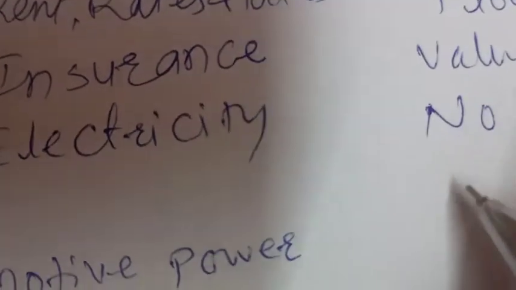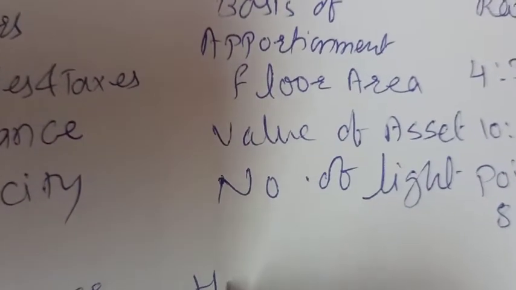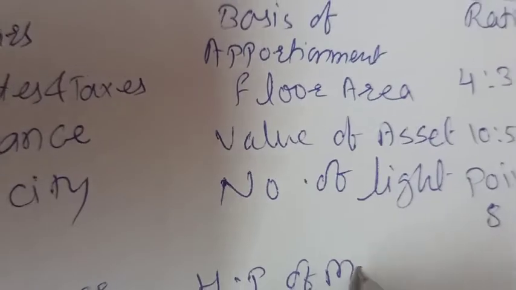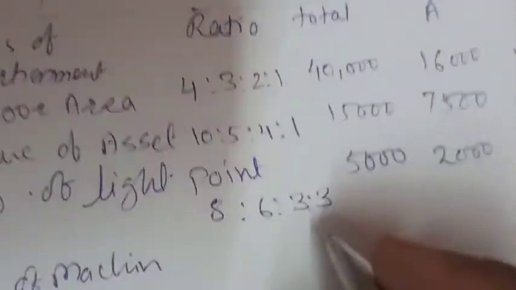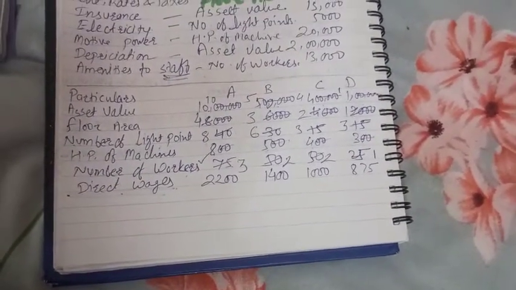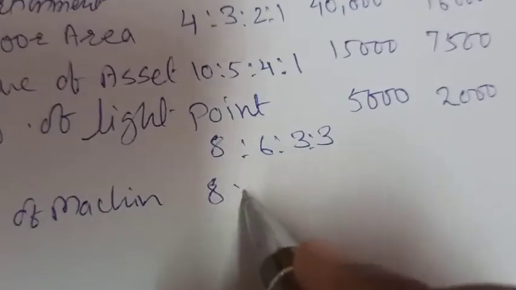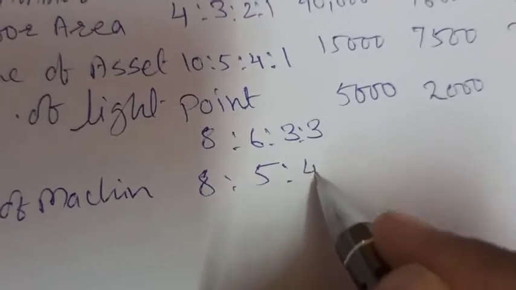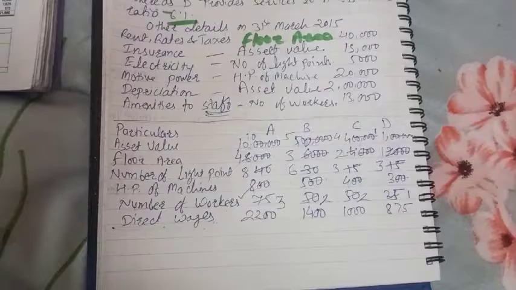The basis of motive power is HP of machine. The ratio of HP of machine is 8 is to 5 is to 4 is to 3, and the amount of motive power is 20,000.